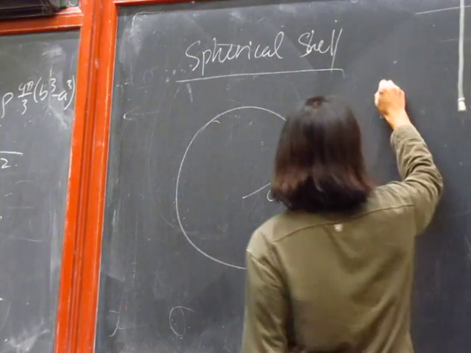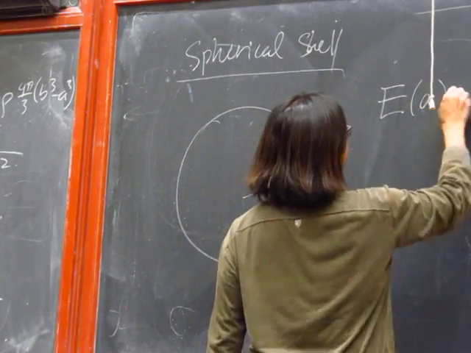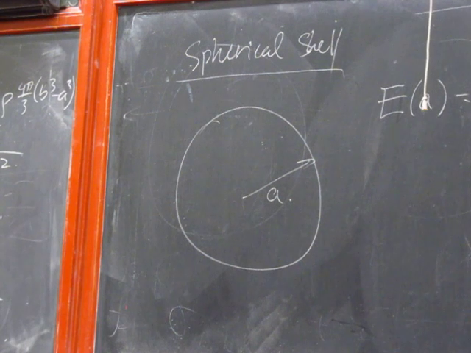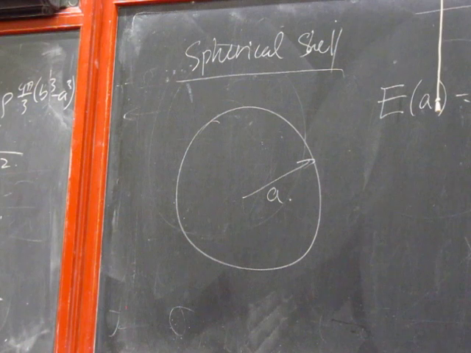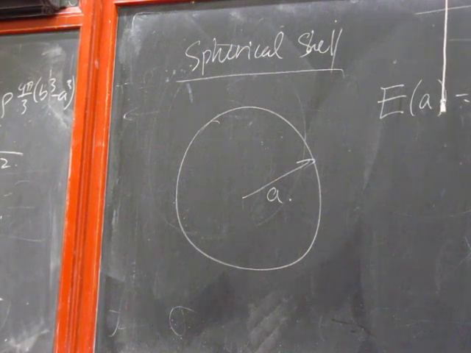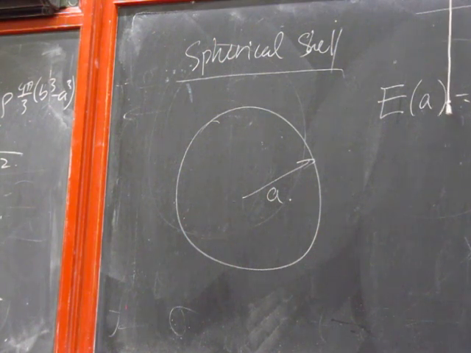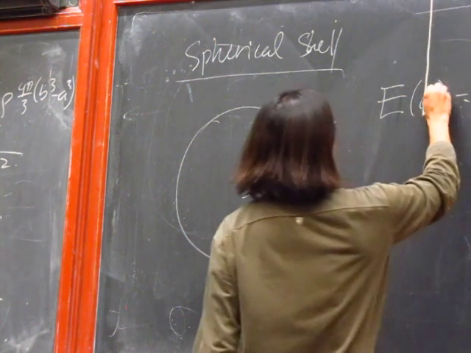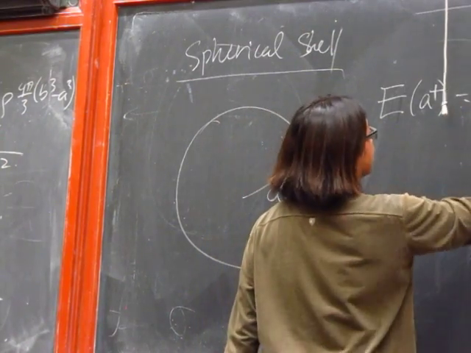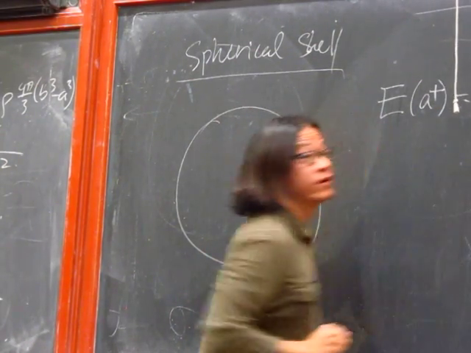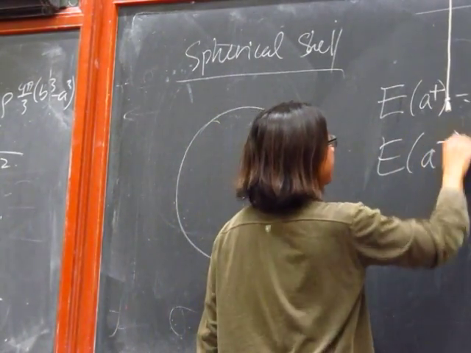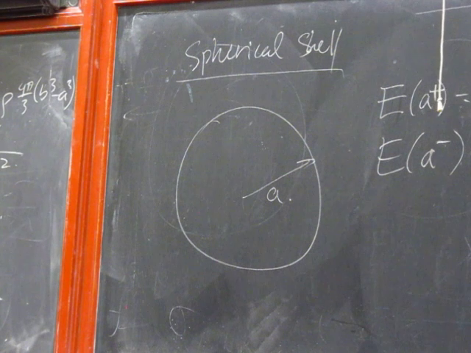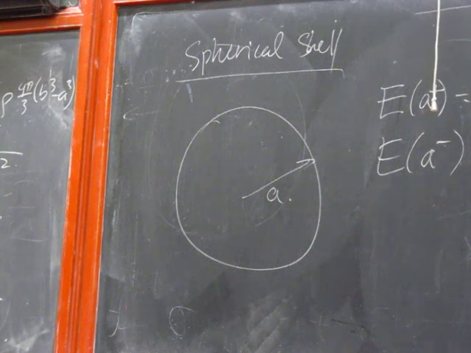Then the electric field at A is given by, where was that? At the surface. Good thing I haven't erased this. There's a thin spherical shell. The electric field right outside, for A plus, is just sigma over epsilon naught. And the electric field inside, let's see.